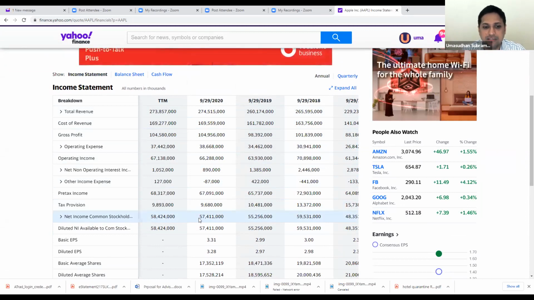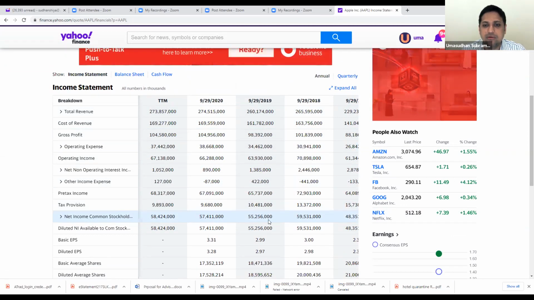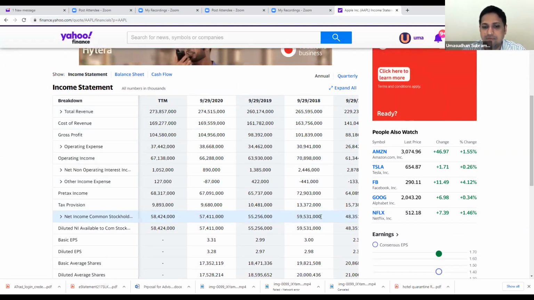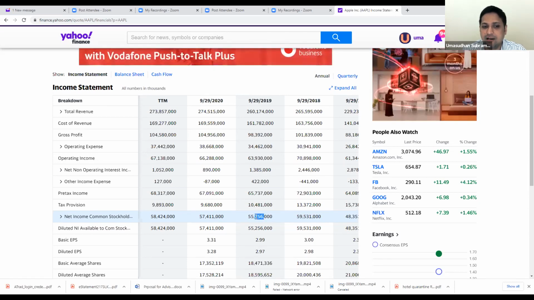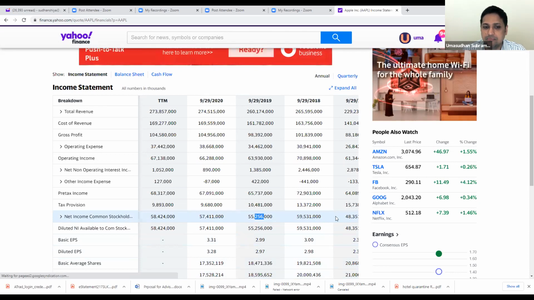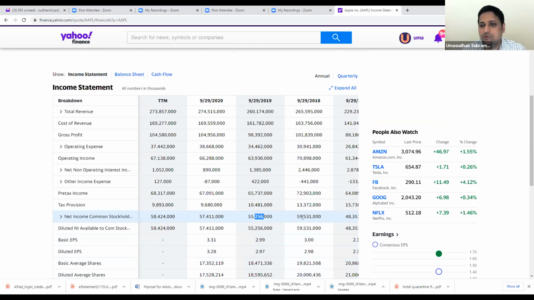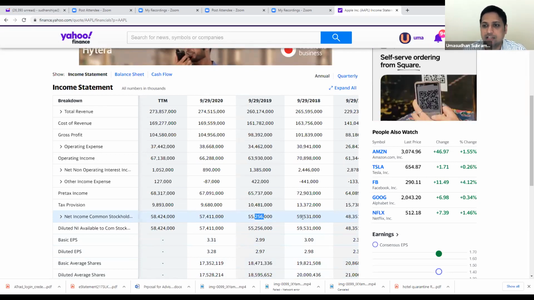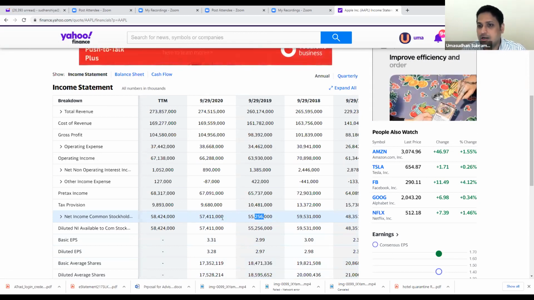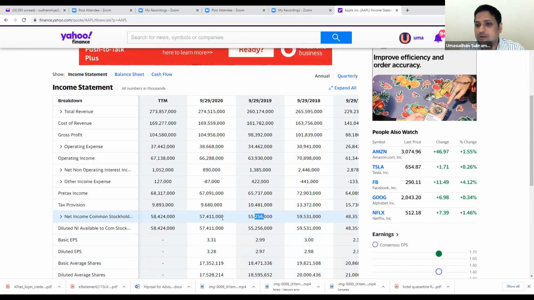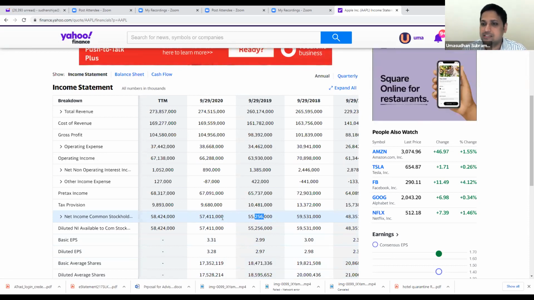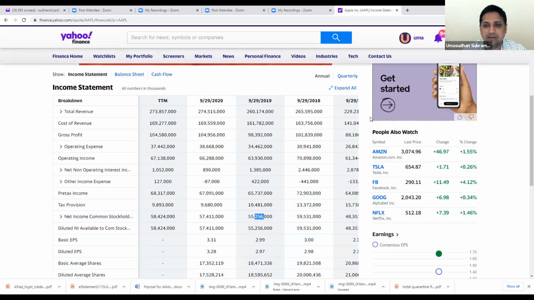If you historically look at their profits, you see 59, 55, 57, and it was 48 earlier. So this is the growth that you have been seeing historically. Even if it grows by 20% more, the stock is still going to look expensive compared to its historical multiple. So that's the story.